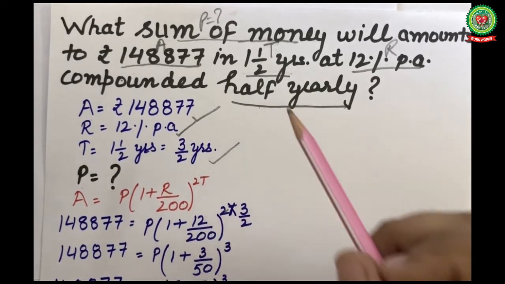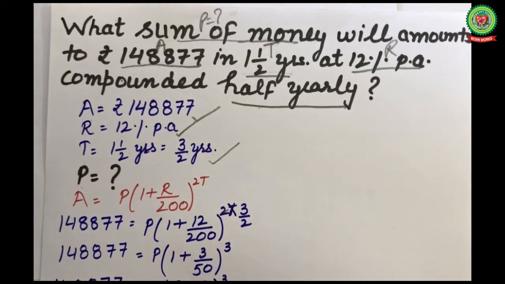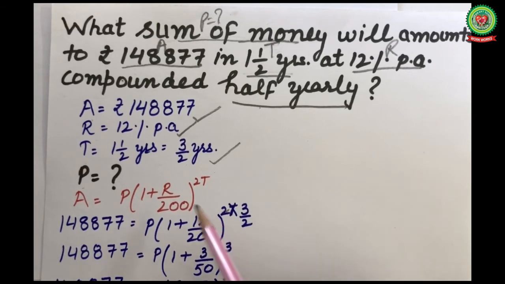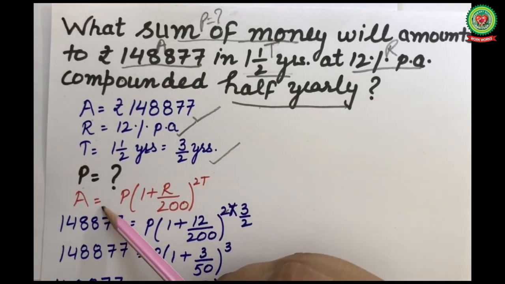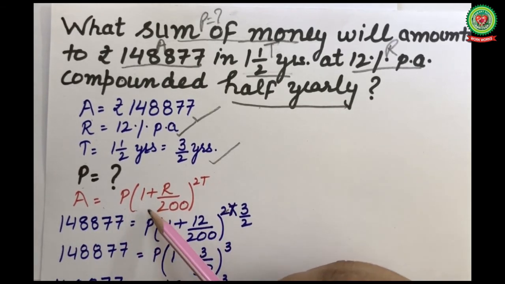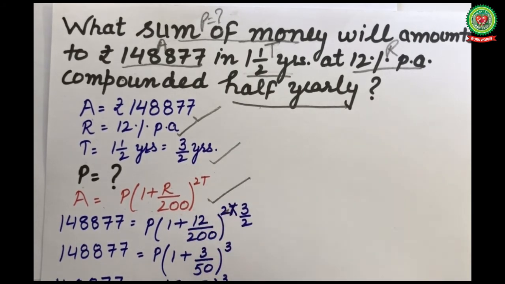As it was given half yearly, so we are going to apply the formula of calculating amount in case the interest is compounded half yearly. That is A is equal to P bracket 1 plus R upon 200 raised to power 2t.